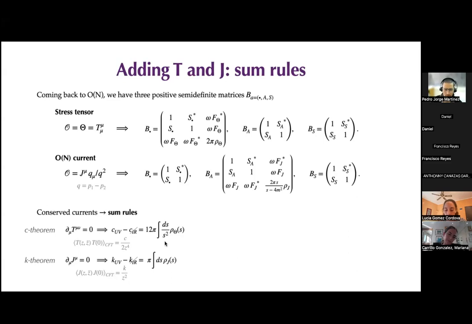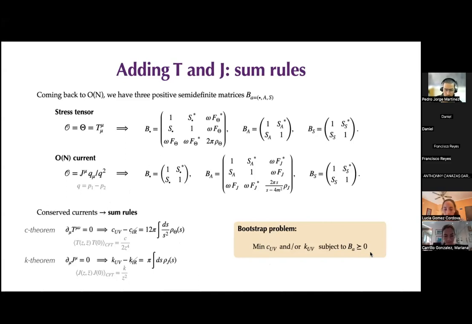So this is very nice because it allows us to have access to these central charges in the UV from what we're constructing here, these 3 different states. So our new bootstrap problem will be to minimize the central charges subject to these more general unitarity conditions.